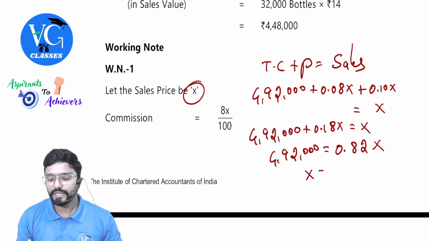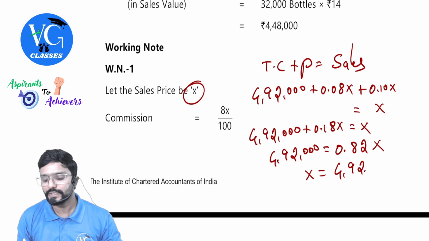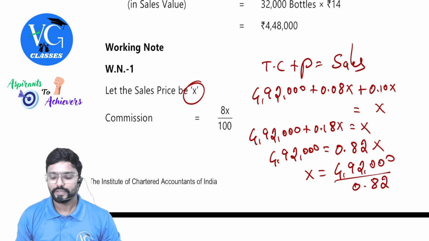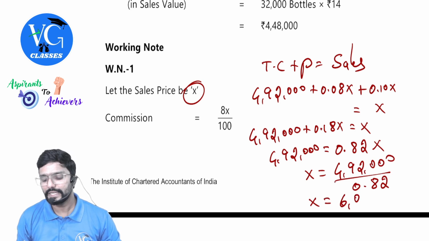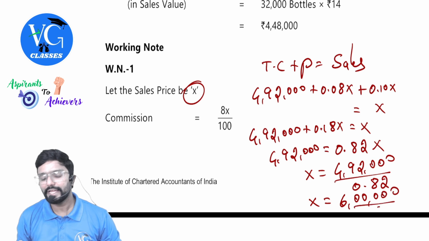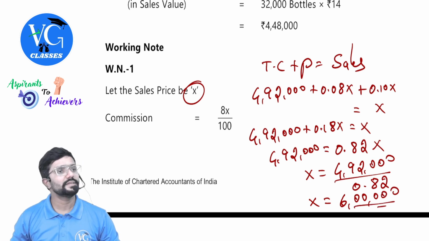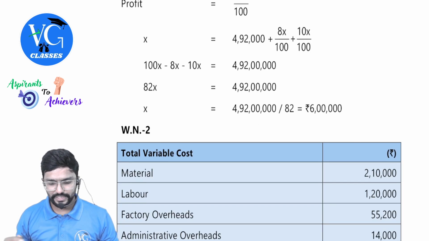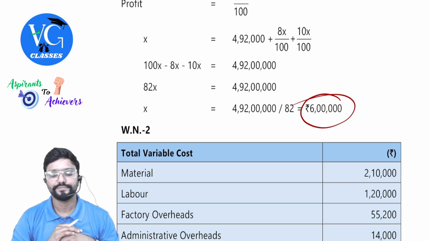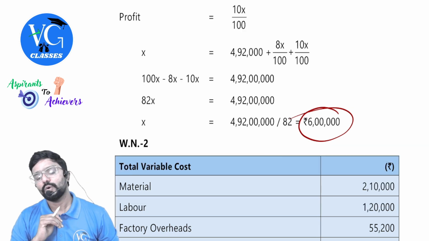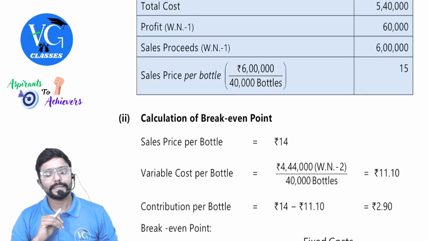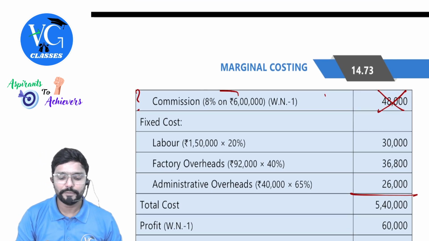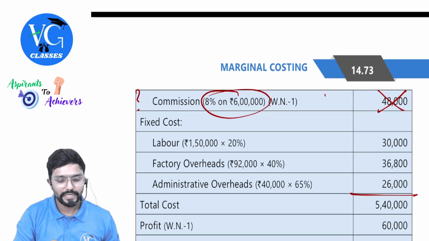So now x is equal to 4,92,000 divided by 0.82. X is equal to 6 lakh. Now can I calculate commission? Yes, into 8%. Can I calculate profit? Yes, into 10%. Okay, guys, now calculate: 6 lakh into commission 8% is 48,000.